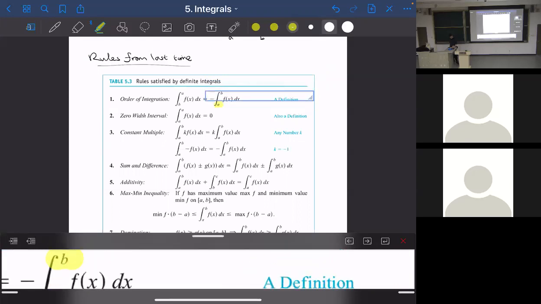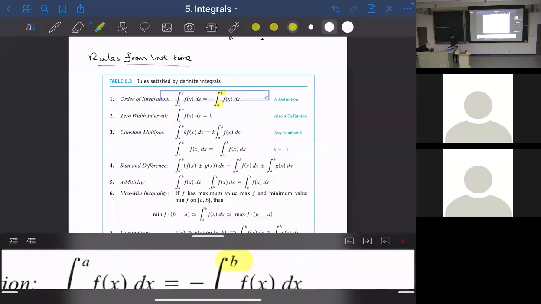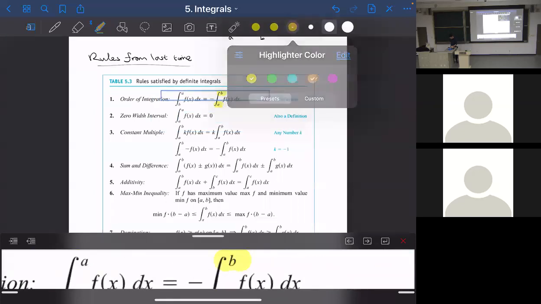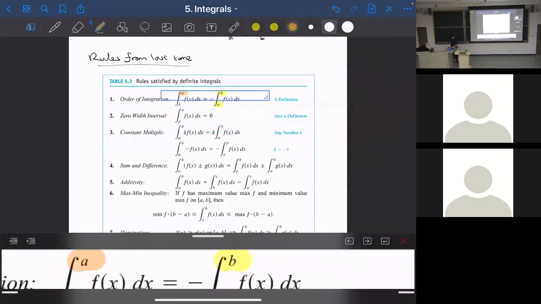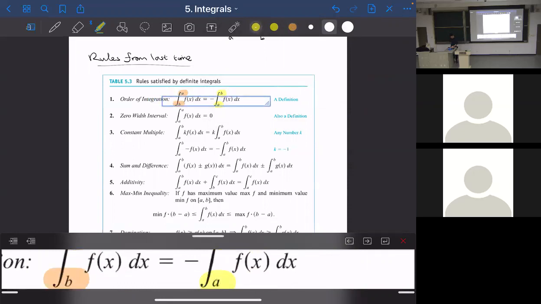This right here. But if we change around the order like this, then we put in a minus sign.